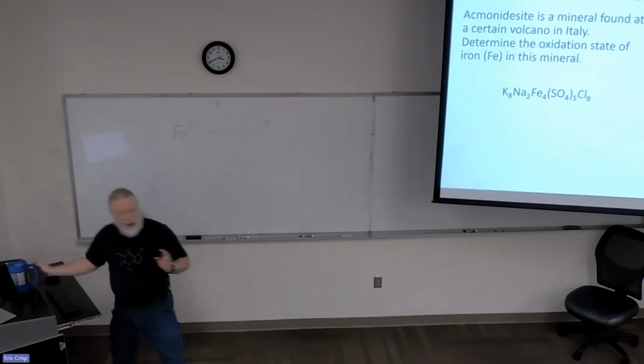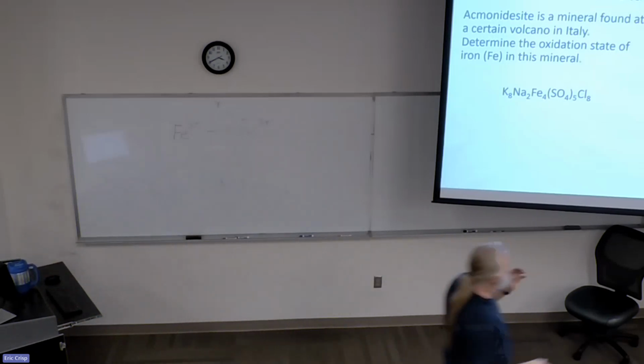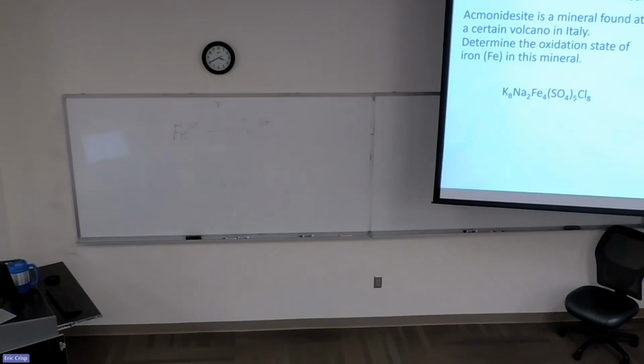So the stuff on the right, I put this up because it was the rules for how to assign oxidation states. And I didn't know if y'all would still remember those rules. They're good to have for your cheat sheet, though. Peroxides, like hydrogen peroxide.